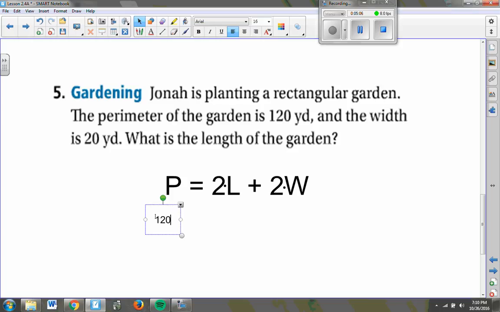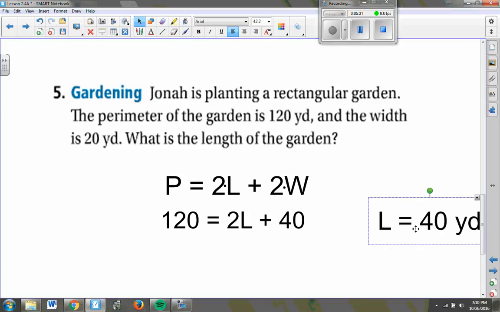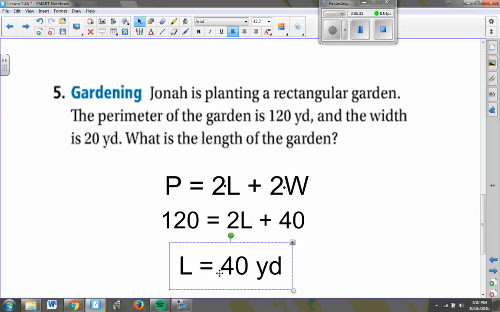When we plug in, we get 120 equals 2 times the length, which we don't know yet, plus 2 times the width, which is 20. 2 times 20 is 40, so we end up with this equation. When we solve it for the length by subtracting 40 and then dividing by 2, we end up at L equals 40 yards.